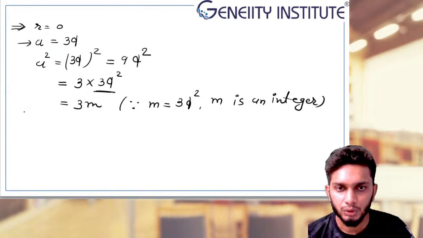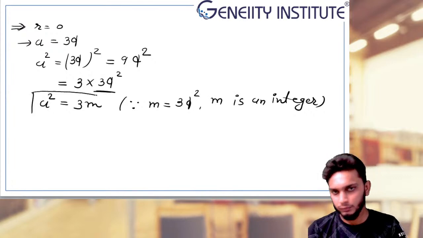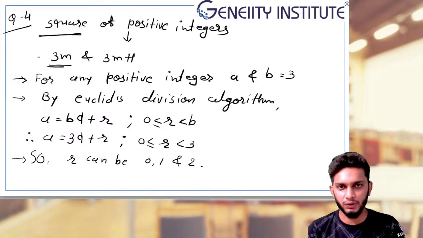So a squared is equal to 3m. First form we got: a squared is equal to 3m.